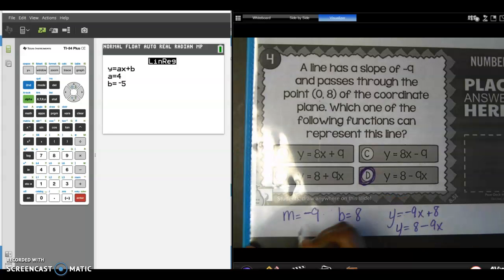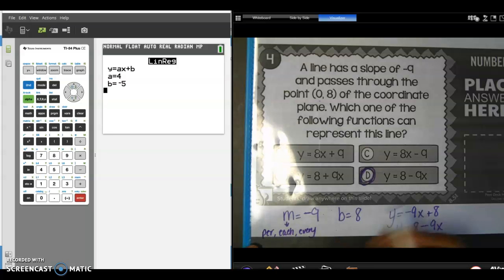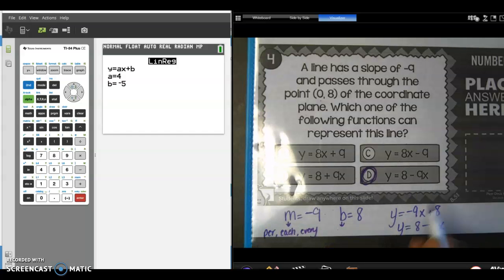Also, keep in mind with word problems, your slope represents numbers that repeat. So you would look for the words per, each, and every. Okay, and your y-intercept does not repeat. It's a one-time fee.